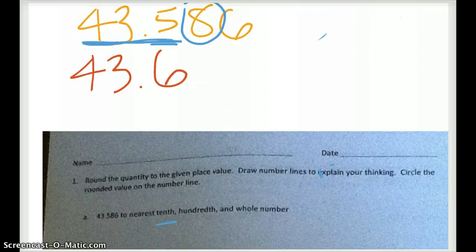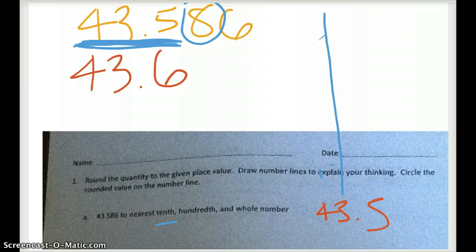This is always the bottom of your line when it says use a number line. That's always the very end. So 43.5, and the top number is always going to be one more, so 1/10 greater, which would be 43.6.